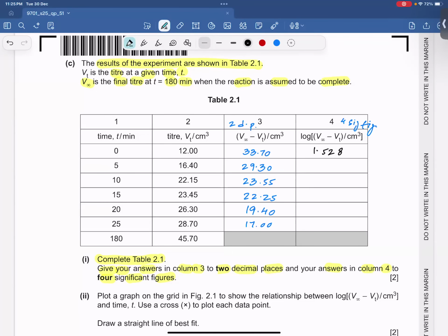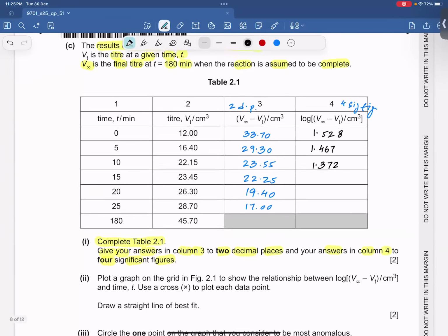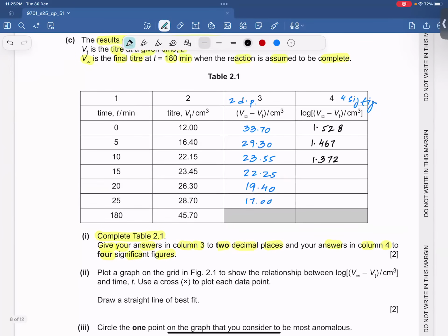Then 29.3, 1.467, then 1.372, 1.347, 1.288, and then 1.230. Okay. Oh God, I hope it makes sense to you.